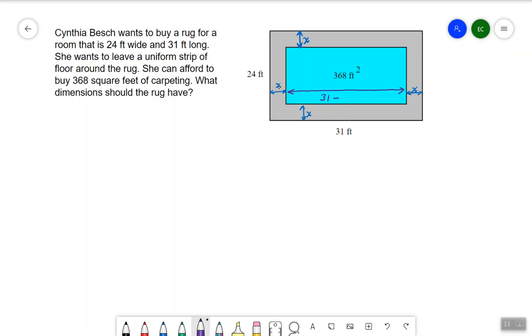And then we just need to subtract off the length X on one side and subtract off the length X on the other side. So you could write that as 31 minus X, or even better would be to say that the length is 31 minus 2X. And then similarly, the width is this distance here, and so it would be 24 minus 2X.